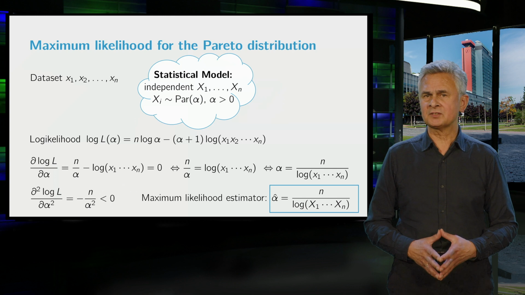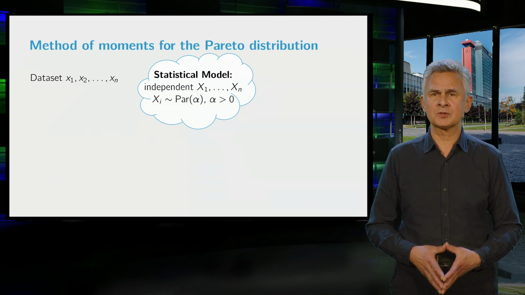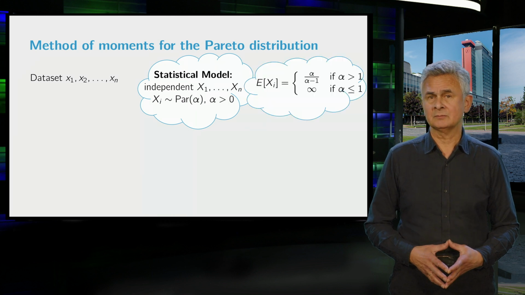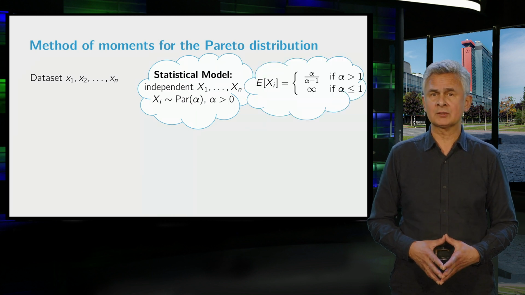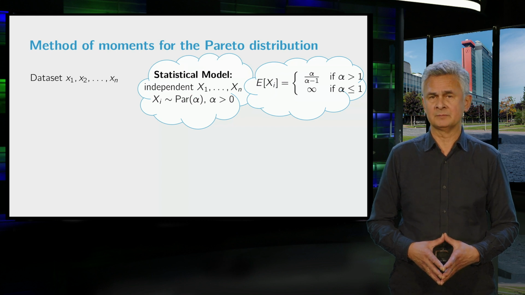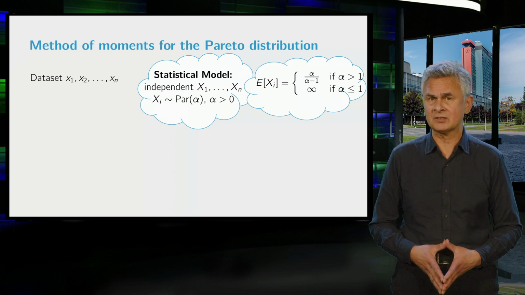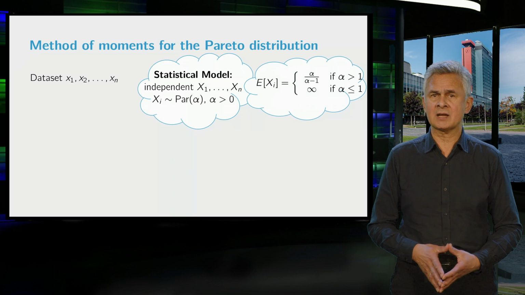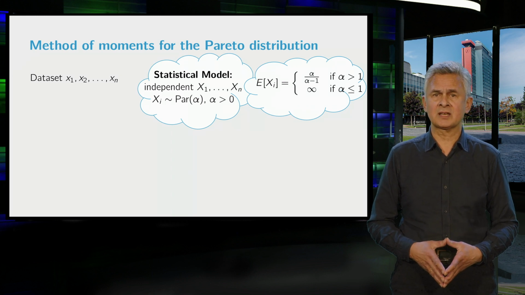Now at this point it is interesting to see what the method of moments would give. From probability theory, we know that the first moment of the Pareto distribution is equal to alpha over alpha minus 1, but only for parameter values of alpha greater than 1. For values of alpha between 0 and 1, the method of moments cannot even be applied.